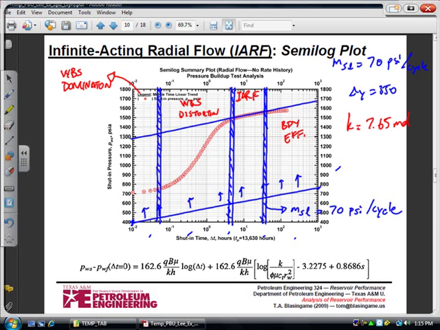But one thing I cannot find from the log-log plot is the skin factor. So I need to find where PWS is equal to 1 hour, which will be here.